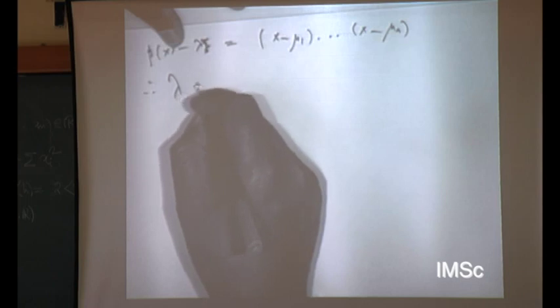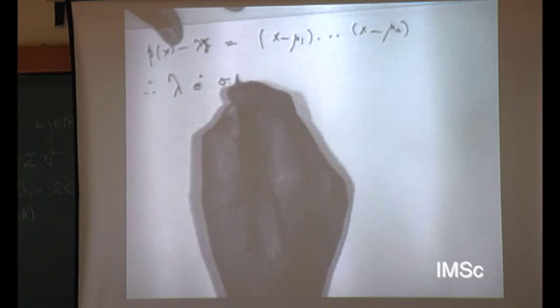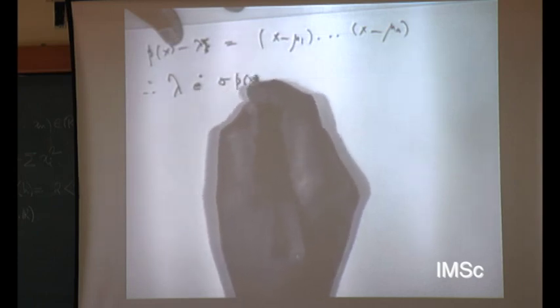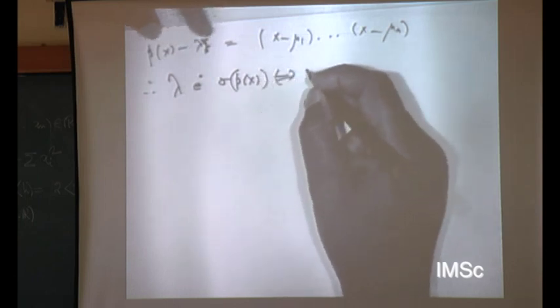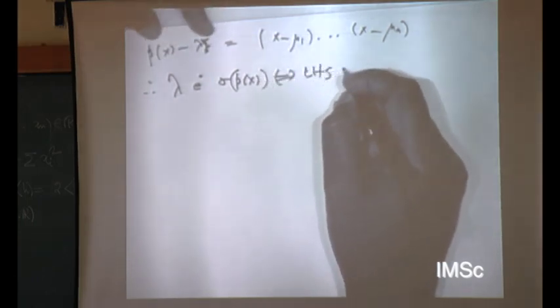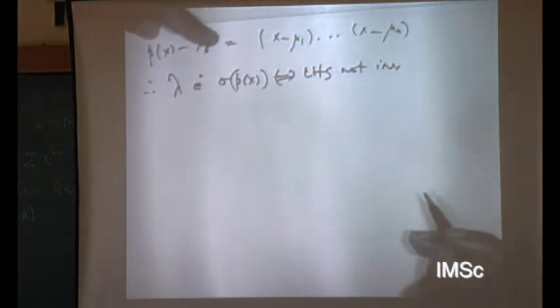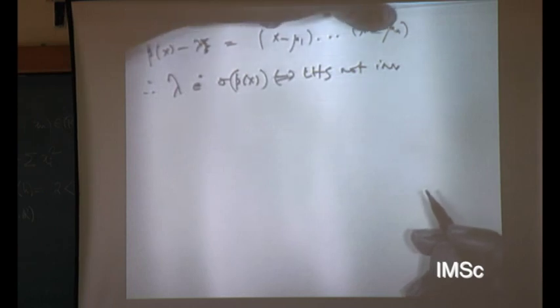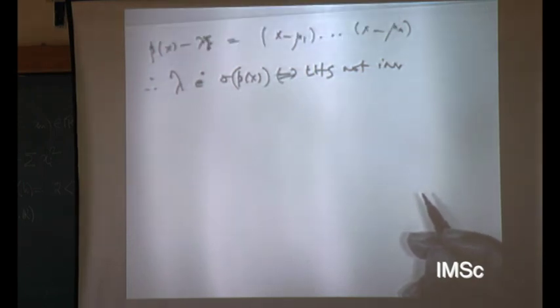What does it mean to say lambda belongs to the spectrum of P(x)? This means that the left-hand side is not invertible. But we already saw that such a commuting product fails to be invertible precisely when one of those factors is not invertible. Because if all of them were invertible, then the product would be.